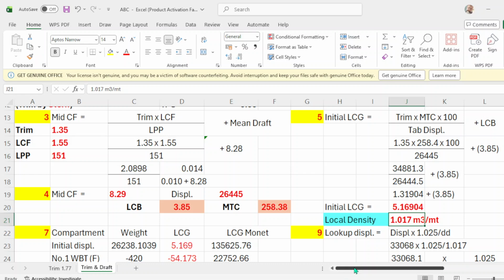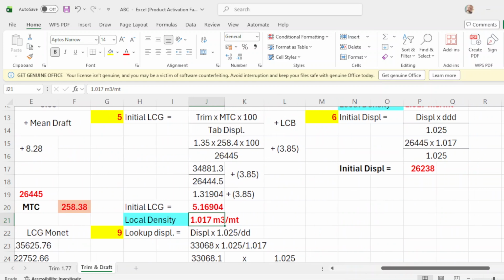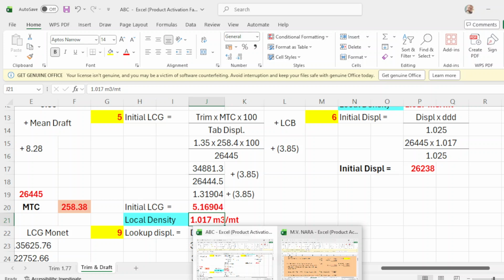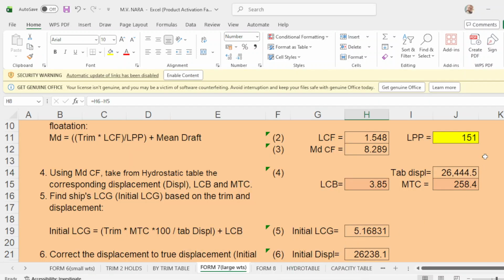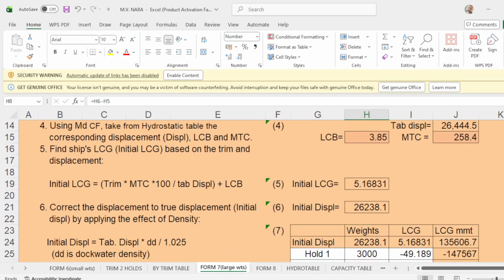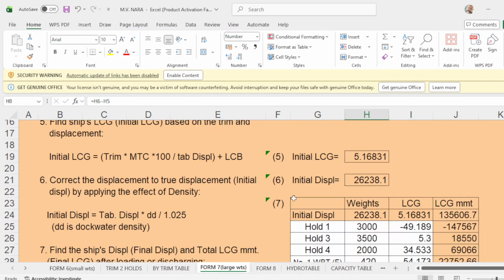What is number 6 here? Correct the displacement to true displacement, initial displacement, by applying the effect of density.